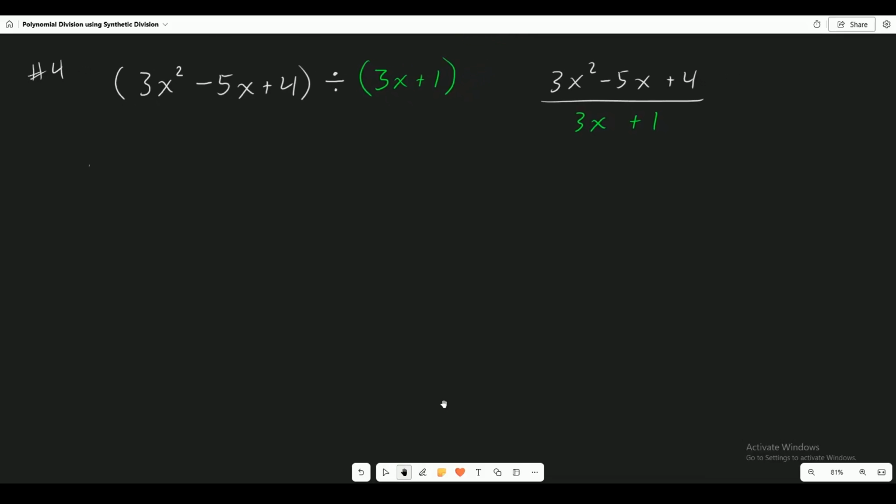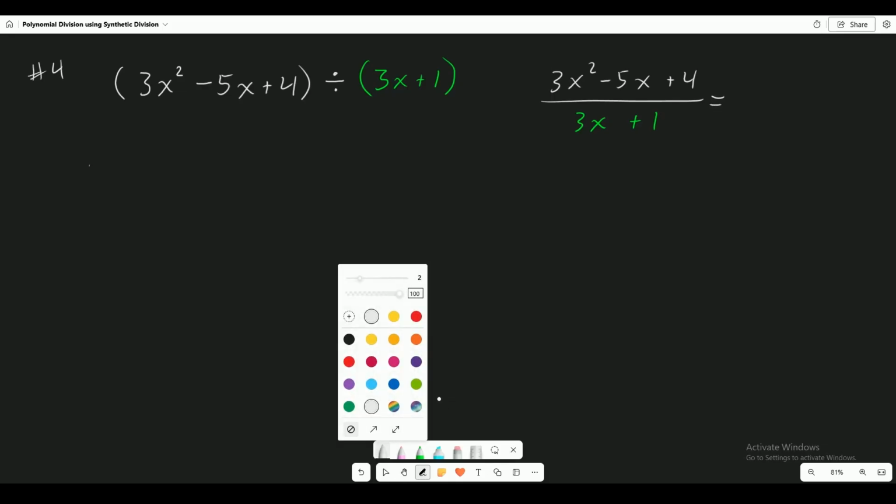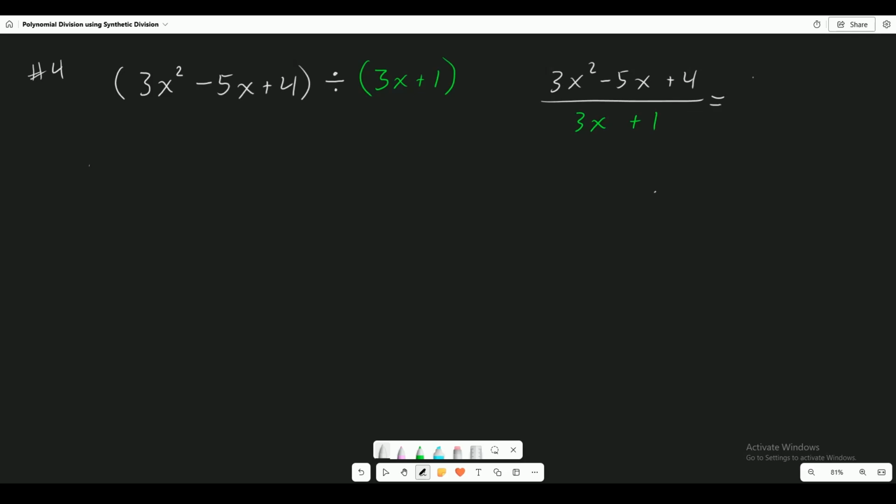All right? Bear with me here. I'm going to extract the 3 from the denominator. So I'm going to keep the numerator, 3x squared minus 5x plus 4. And I'm going to extract the 3. 3 times x plus 1/3. Like that.